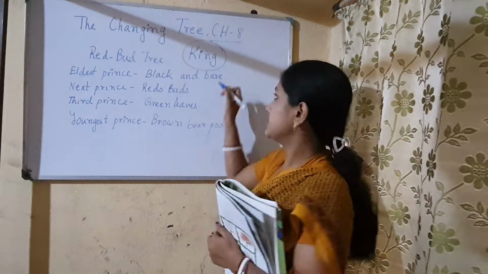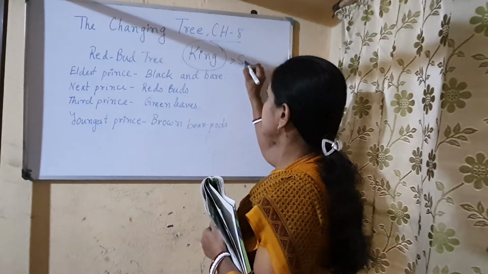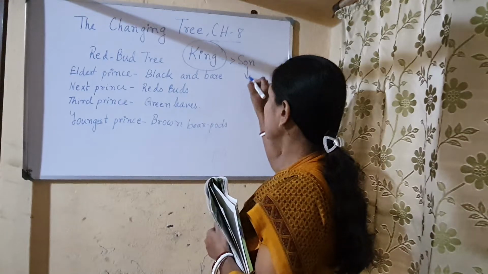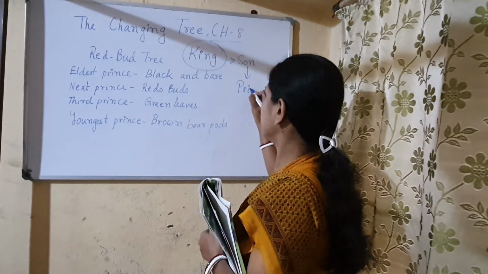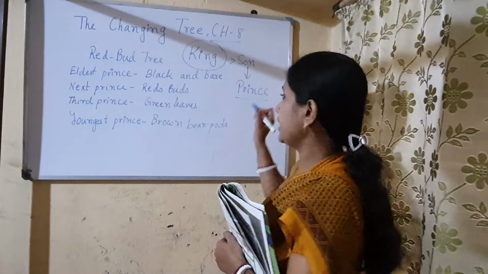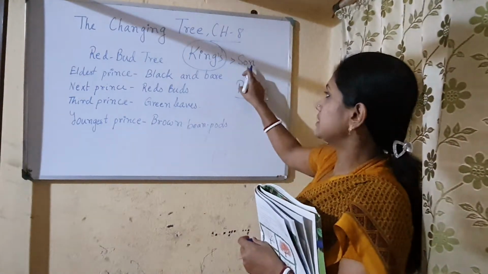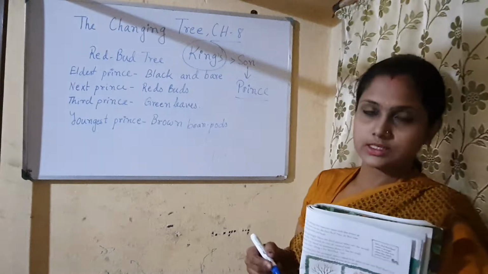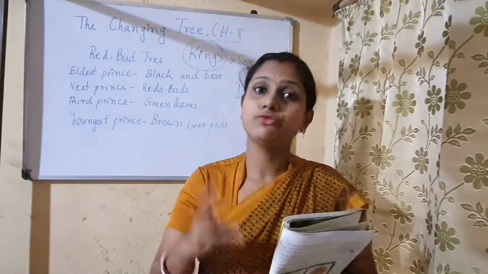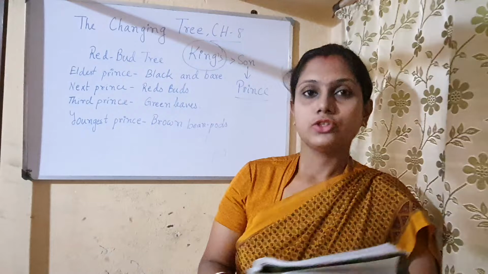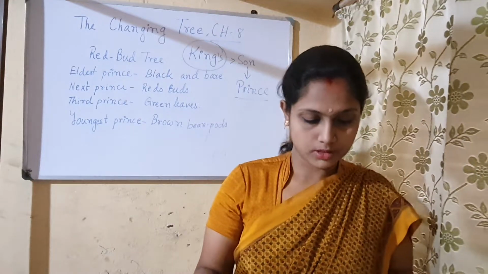And king's son, they are called prince, right? So the king's son is called prince. So in this story you will get 4 princes. Okay, so let us read the story first.